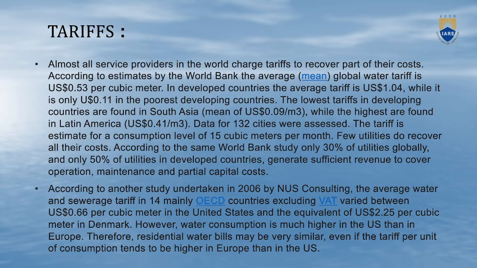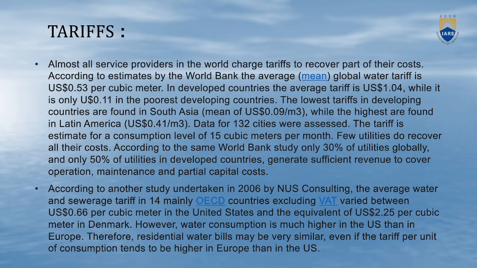According to another study undertaken in 2006 by NUS Consulting, the average water and sewerage tariff in 14 mainly OECD countries, excluding VAT, varied between $0.66 per cubic meter in the United States and the equivalent of $2.25 per cubic meter in Denmark.